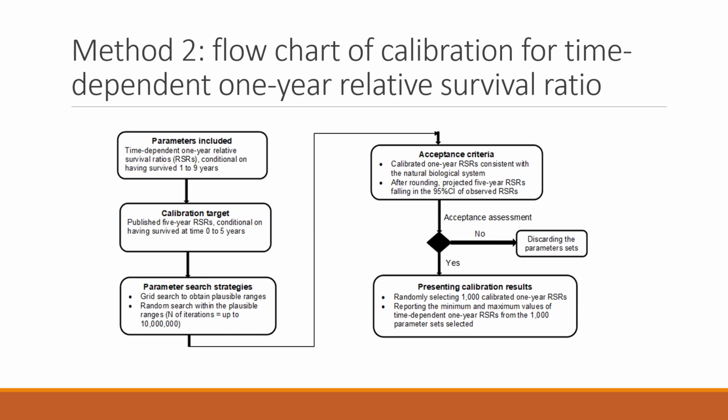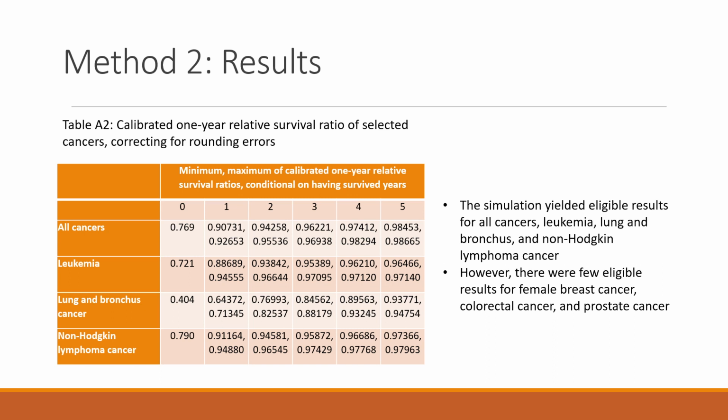This flowchart describes the process of calibration. Results of method 2. We randomly selected up to 1,000 calibrated 1-year relative survival ratio sets. The simulation yielded eligible results for all cancers, leukemia, lung and bronchus, and non-Hodgkin lymphoma cancer.